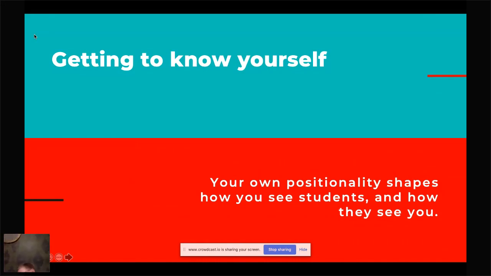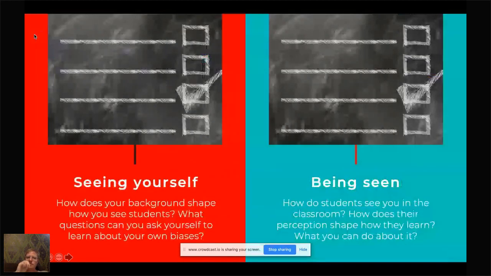If we teach in identity-based interdisciplines, we're likely really familiar with this, like the idea that as a woman, my students are reacting to me in a certain way, that my whiteness shapes how students of different racial groups are going to see me in the classroom, and will also shape how I see students, the sort of internal biases that I have to work through. So understanding that positionality, I think, is the very first step towards inclusive excellence.